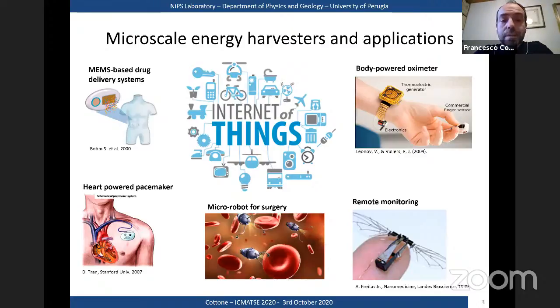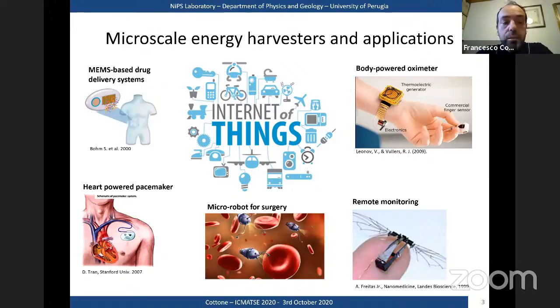And at micro scale, why is it important to miniaturize the energy harvesting systems? Because we need to power and make self-powering some devices, for example, for healthcare, for the monitoring of the body, or even for some actuators like micro robots that can be very useful inside the body to monitor some parameters or just to make some actions.